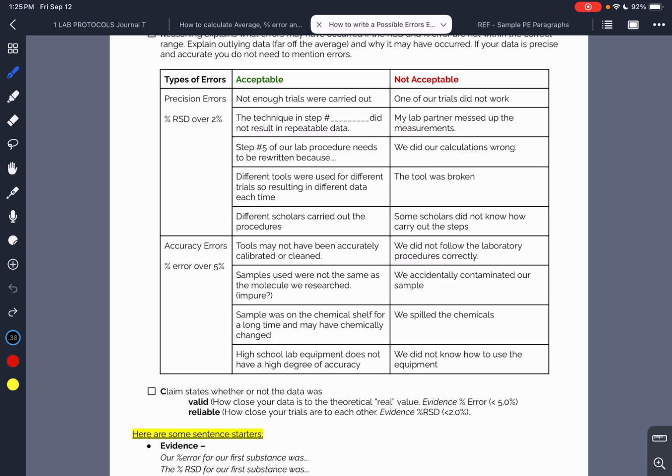Now let's explain why that precision, our percent RSD, is so high. So we can say, for example, different scholars carried out the procedures.